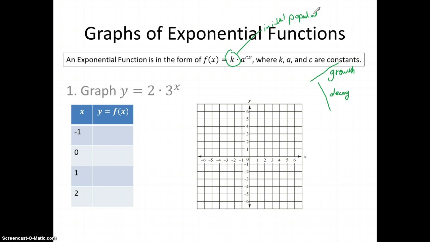But if we have a negative number here, it doesn't really make sense for modeling and for an application process. But if this is a negative, then that's going to change the way your graph looks, because if you recall translations, a negative in front of anything is going to give you a reflection about the x-axis. So it's going to change what we're doing here.